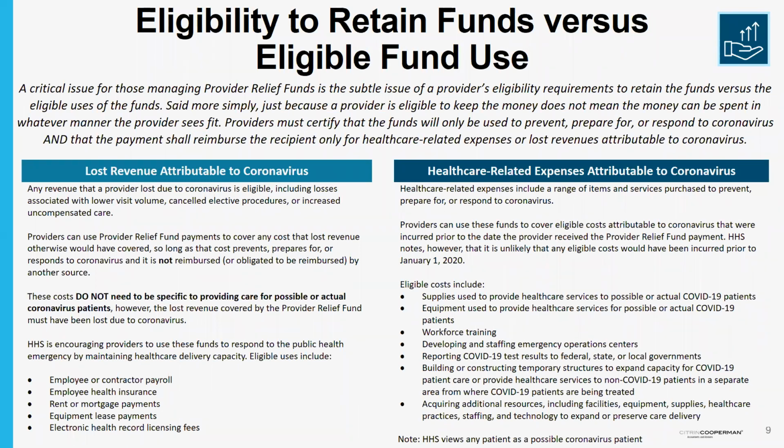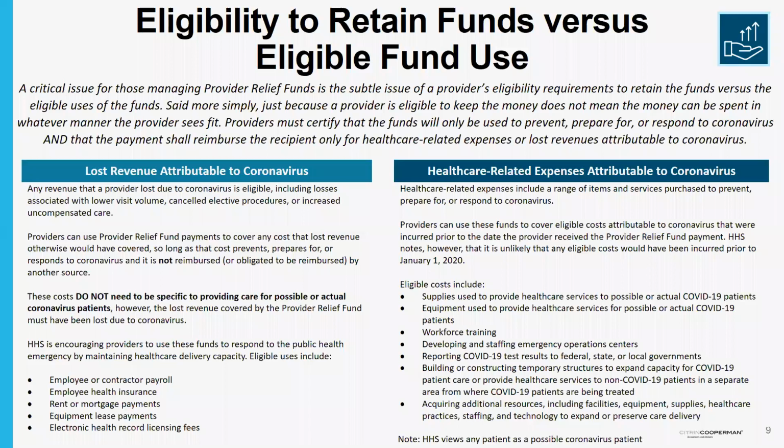And as set forth below, you can see that there are really two primary uses for eligible funds. It's to prevent, prepare for, or respond to coronavirus, and the payment shall either reimburse the recipient for healthcare related expenses or lost revenues attributable to coronavirus.